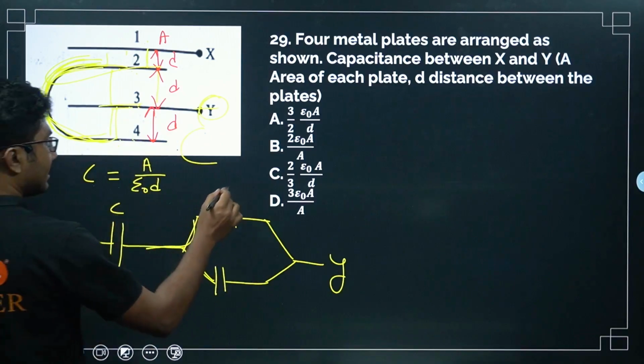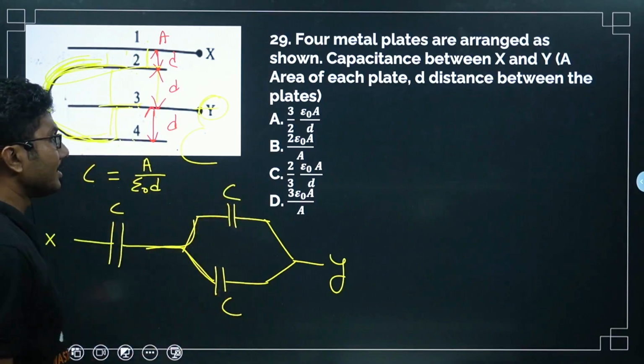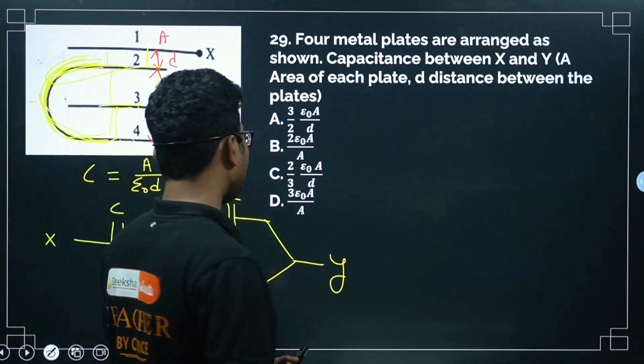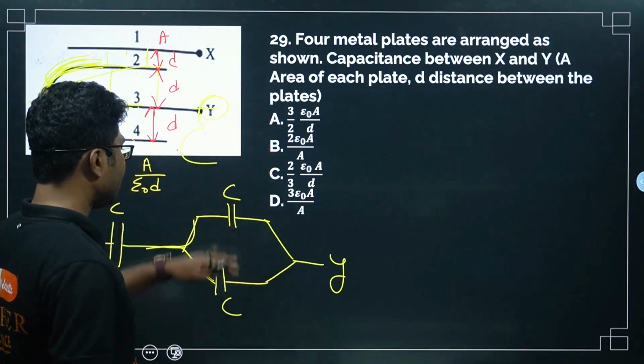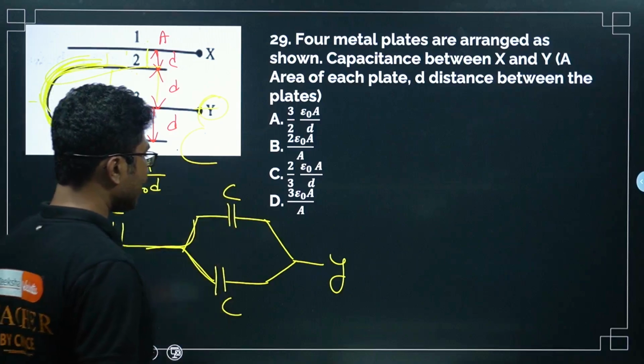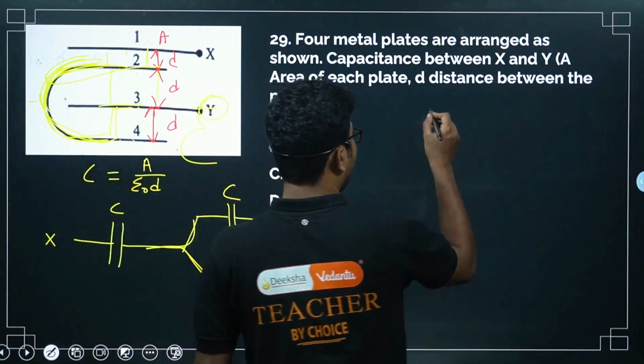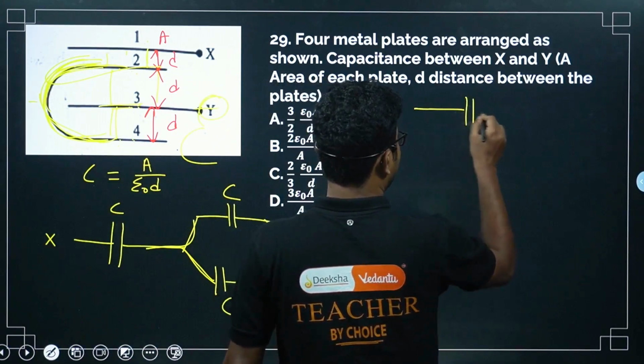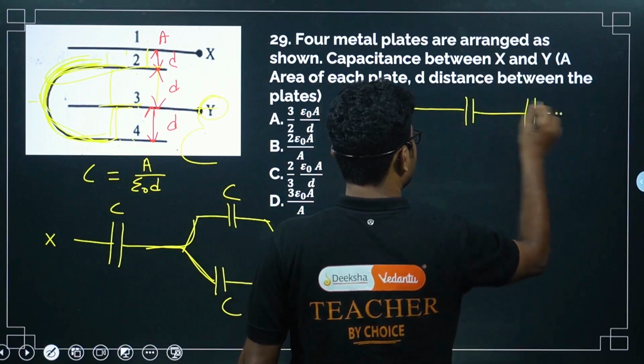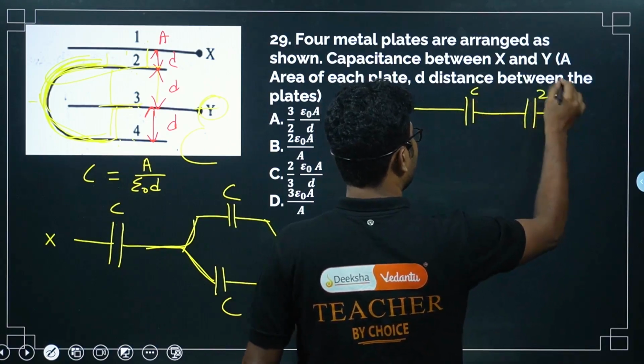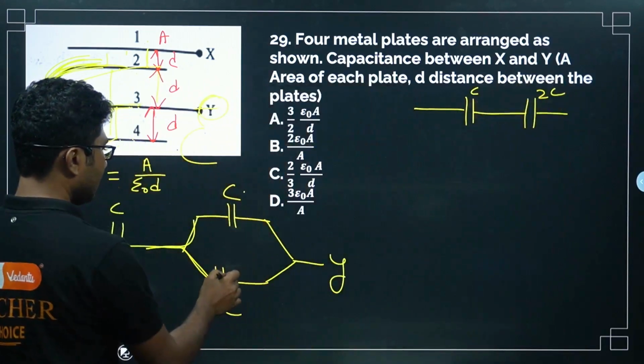But for now, say this is C, this is C, this is C, and they have asked you to find the equivalent capacitance, right? Now these two are equal capacitances, connected in parallel. Parallel means they just get added. So this is C, this is 2C, C plus C, 2C.